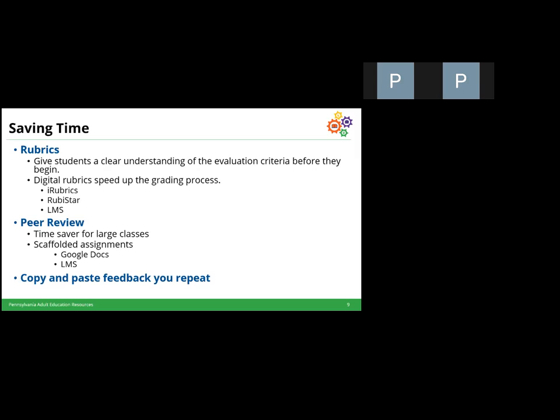Google Docs and most LMSs have the capability to allow peer reviewing. The logistics of it can be challenging. My recommendation is to do a trial run with the platform you use for peer reviewing before asking students to go through the process. It will make it much easier for you to help students through those logistical challenges.